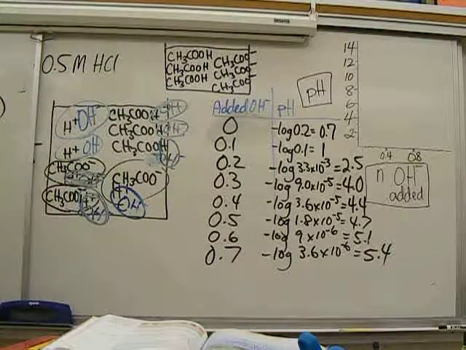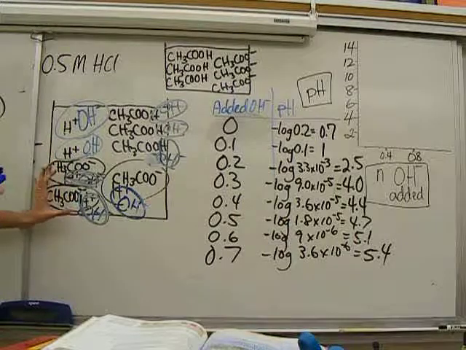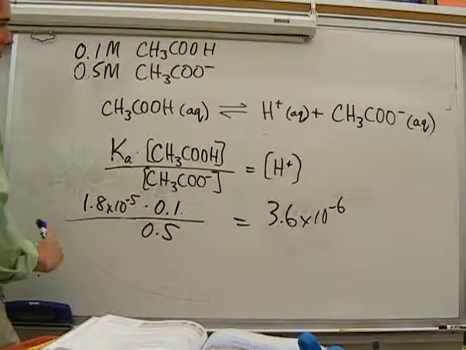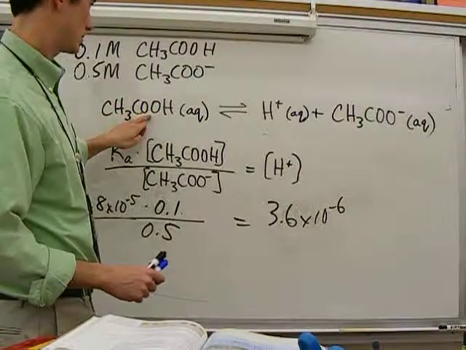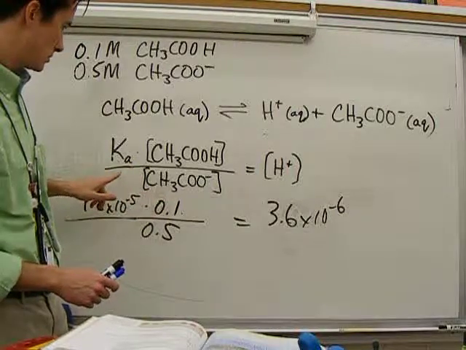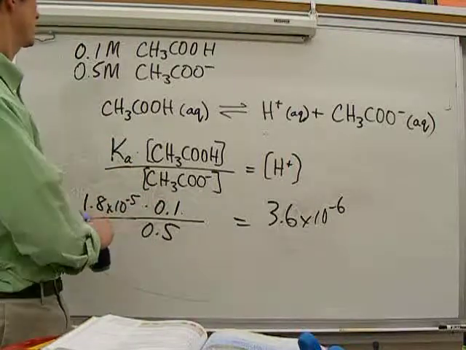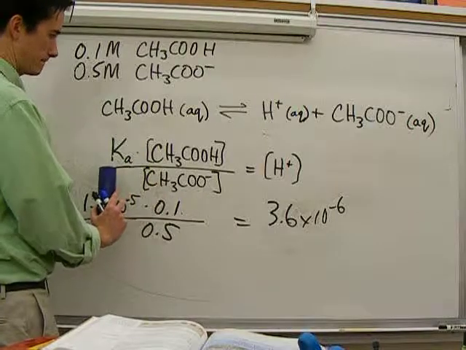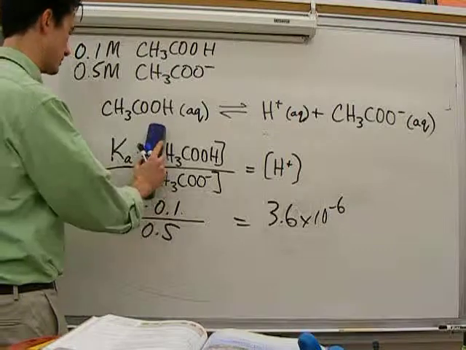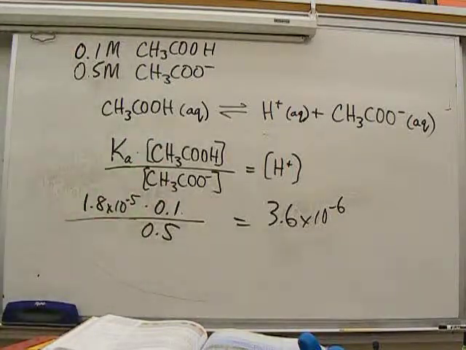Now we have 0.6 molar acetate. We don't have any acetic acid anymore. This is gone. So I gotta look. What did I do? I gotta look.